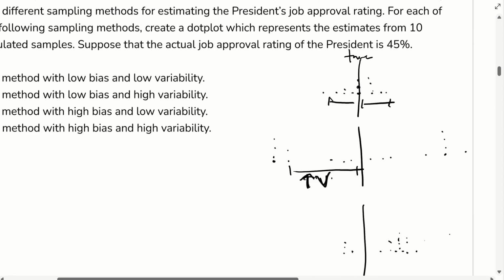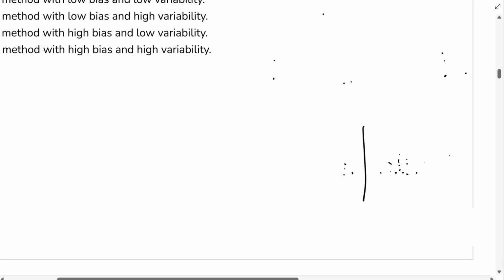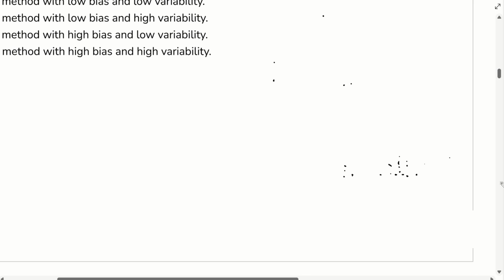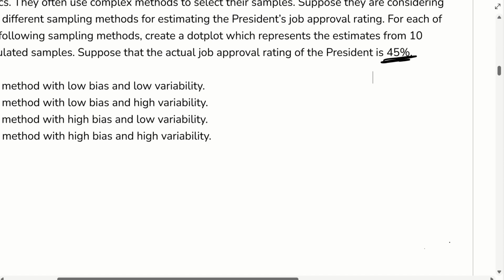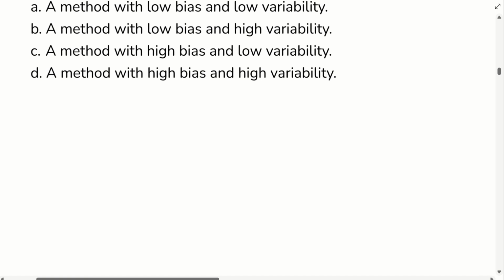So let's go ahead and draw the dot plots, and we need to make sure that the average or the median of the dot plots is 45%. There are multiple answers for this, not just one. However, the answers have to follow certain principles, of course, of low bias and low variability. There are a lot of ways to do this, as long as it makes sense.